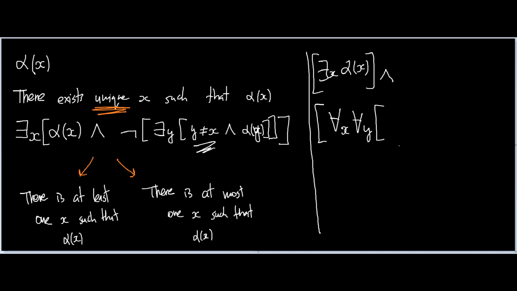Now, you see at this point, when we have for every x, for every y, x and y represent arbitrary objects, right? They could be equal to each other or not.